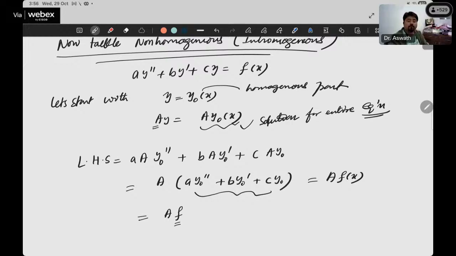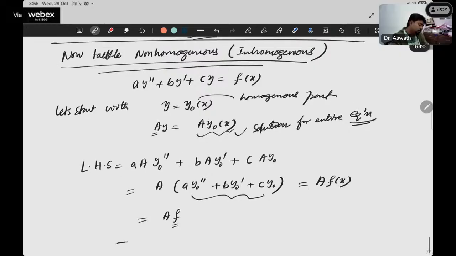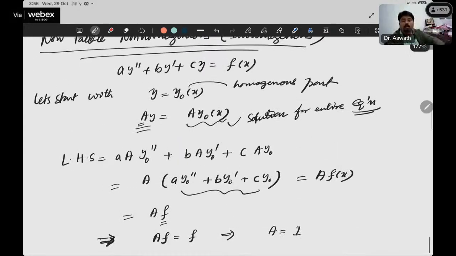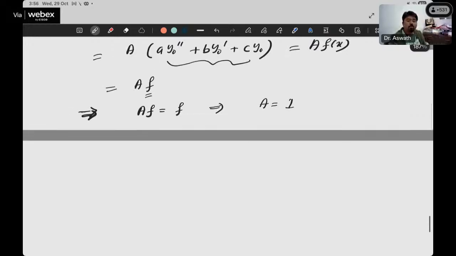So if I assume a y naught is a solution of the inhomogeneous part, the LHS must be equal to the RHS, which implies a is equal to 1. So if a is equal to 1, I'll get a homogeneous solution.